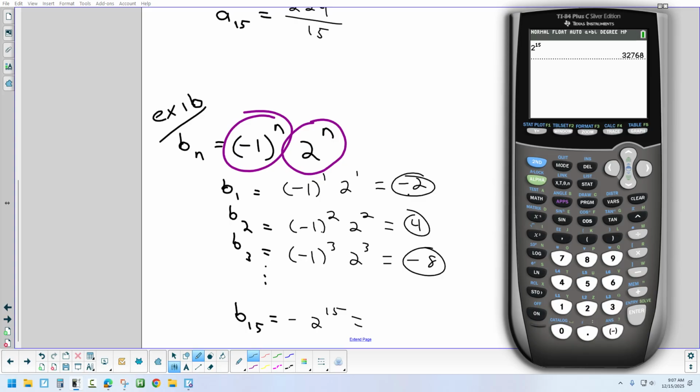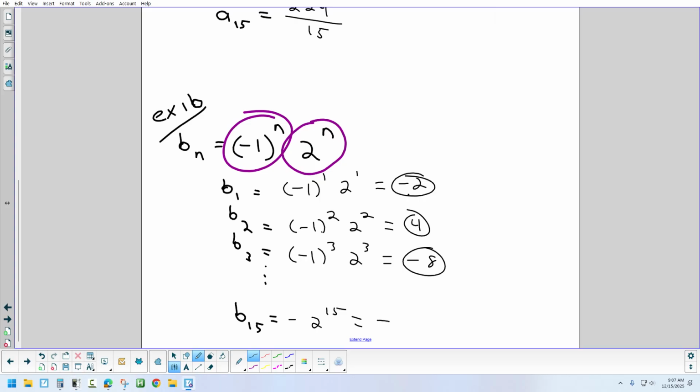Don't forget that there is a negative in front. That's definitely small enough that I would still expect you to do that out. If it was like 2 to the 50th power, no, that's getting kind of big. Okay. Any questions on that?